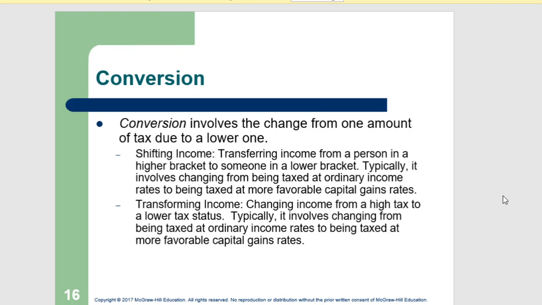Another way, well, that's shifting. So transforming is when we're trying to switch from ordinary income to capital gain. An example of transforming income would be to purchase a rental property. You're buying it with after-tax dollars, so that doesn't change.